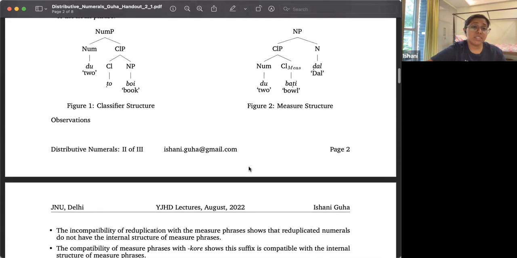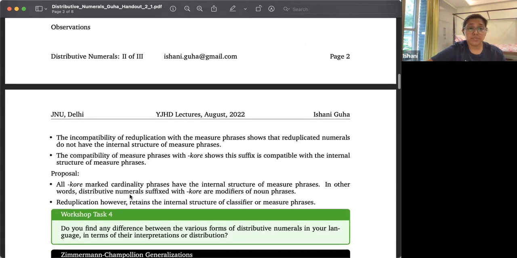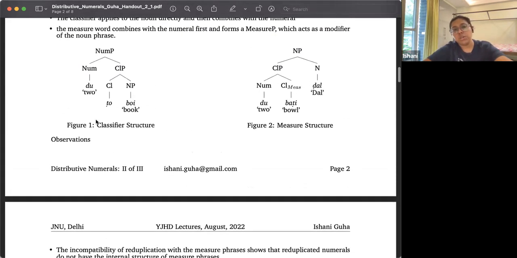And whereas reduplication, yeah, reduplication just retains whatever. Reduplication doesn't disturb the determiner structure that it applies to, right? So if it applies on classifiers, it retains this determiner structure in figure 1.